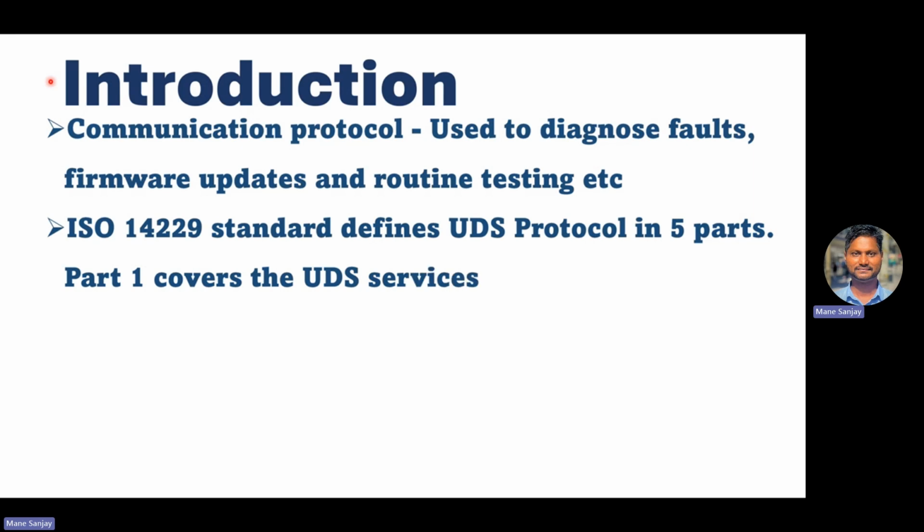That is very important. If you have this standard, you can jump to part 1, which covers all the UDS services available. The important part is that this UDS protocol, ISO 14229, is standardized across both manufacturers and standards such as CAN, KWP 2000, Ethernet, LIN. So UDS is used across all automotive industries like OEM, Tier 1, Tier 2 suppliers.